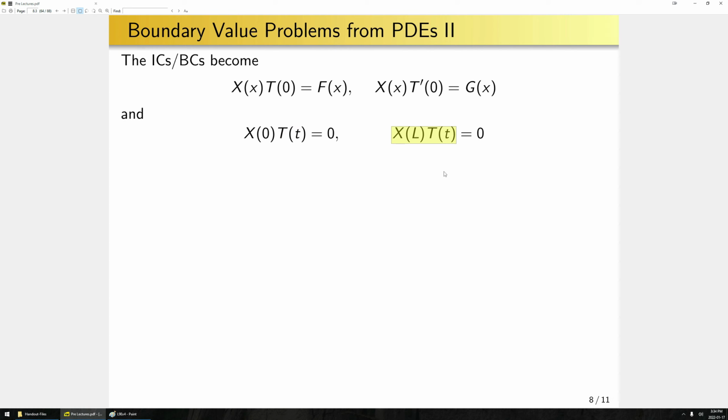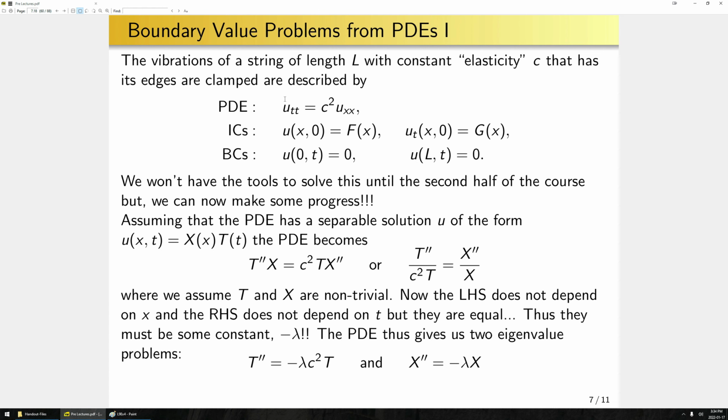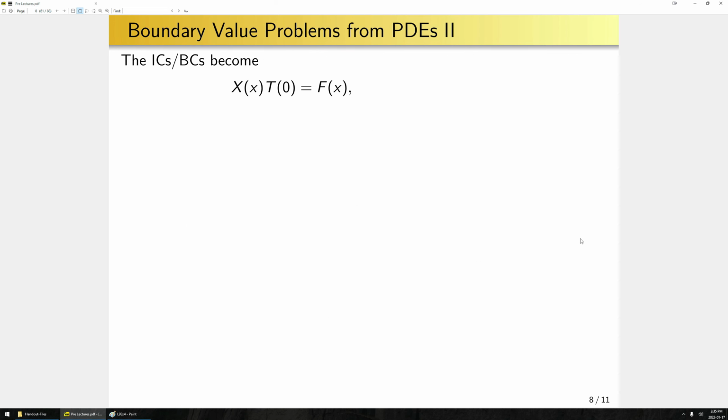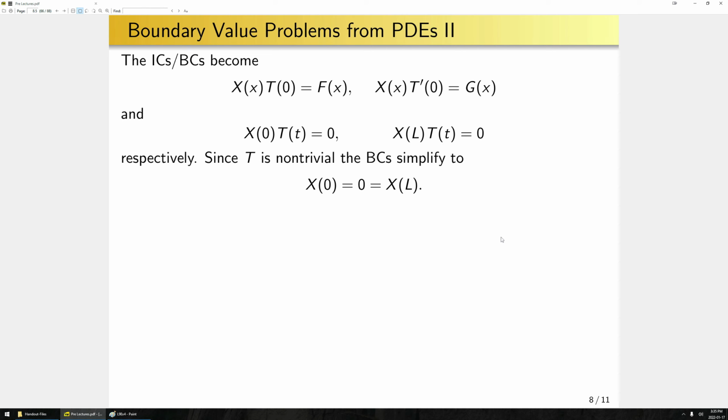Okay, so now I could go through here and note that sometimes the trivial solution would work, but in general, that's not going to work because these f and g functions are not necessarily going to be 0. So what I'm going to do at this point is assume that my solution is non-trivial, and if I do that, I can simplify the boundary conditions.